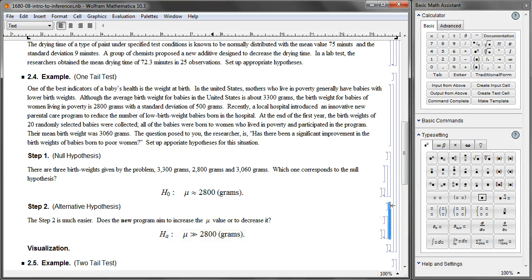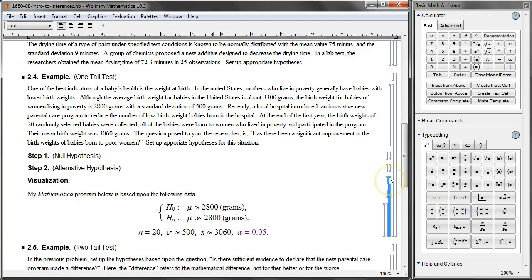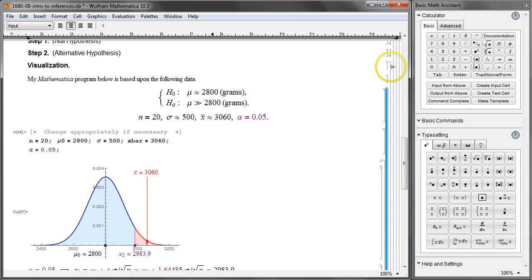Exactly how do we visualize all these? Well, here we go. Oops, I have to open it up. We have a normal picture around 2,800 because that's the null. And then the sample study actually gave us 3,060, and how far is sufficiently far away? How close is close? Well, that's something we'll have to discuss a bit later, probably in the next video.